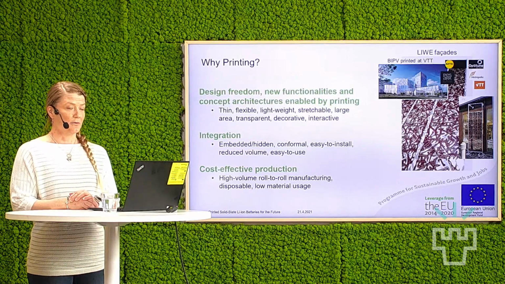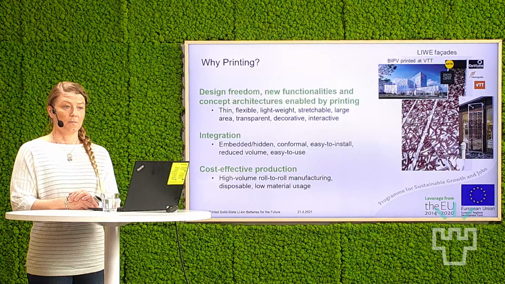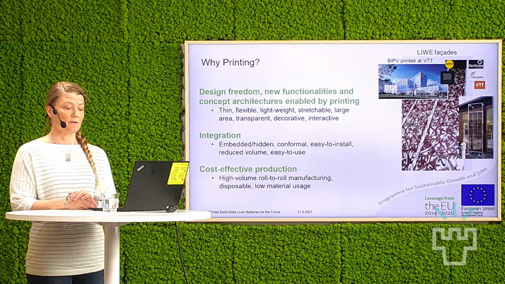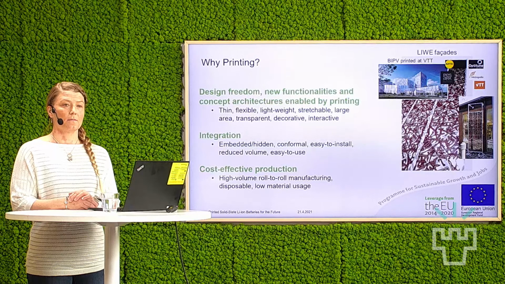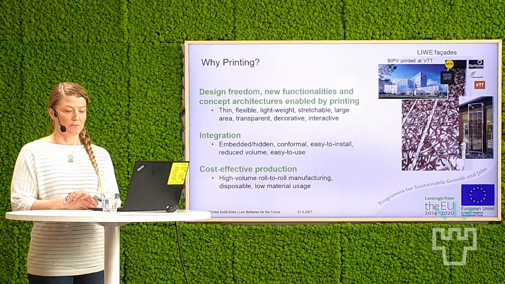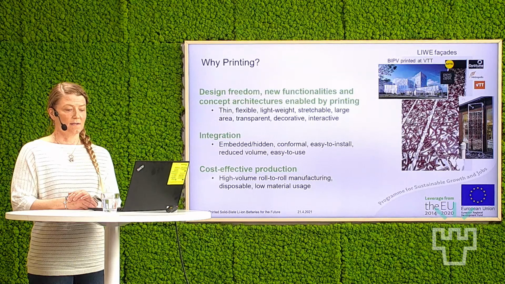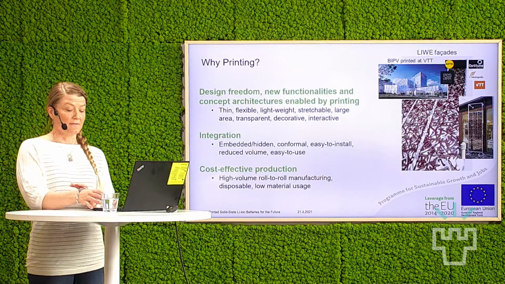With these high volume roll-to-roll manufacturing technologies, we can speed up the processing of the layers and also save in the material usage. On the right-hand side, you can see a nice example of building integrated photovoltaics. You can see that these printed photovoltaics, besides their energy harvesting property, serve also as a decorative element as the building facade.